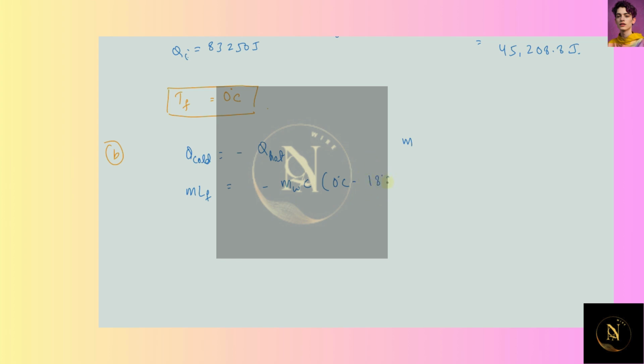So we can plug the value here. From here, m will be equal to minus mw, the mass of water is given as 0.6 kg, times the specific heat of water, 4186 joule per kg degree Celsius, times the change in temperature, which is minus 18 degrees Celsius, divided by latent heat of fusion, that is 3.33 into 10 to the power 5 joule per kg.